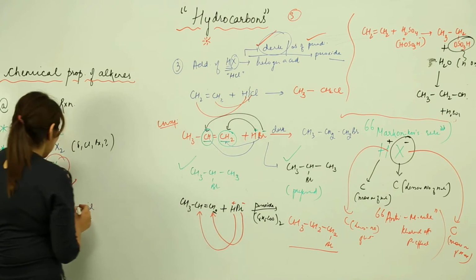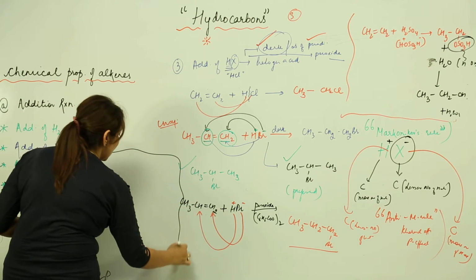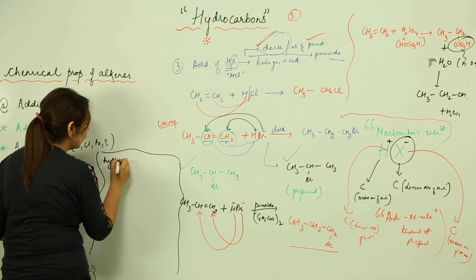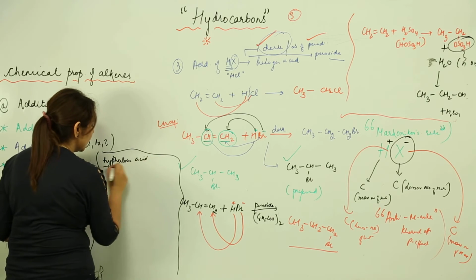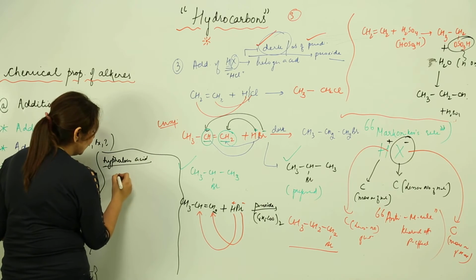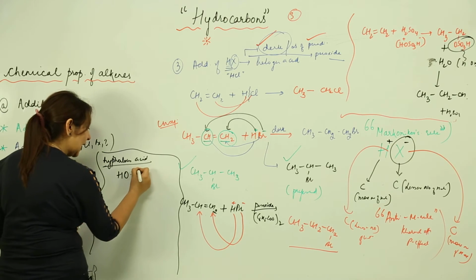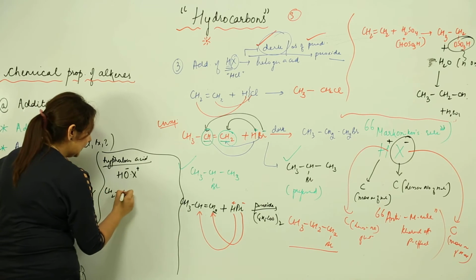Next we have addition of hypohalous acid. First of all you should know what hypohalous acid is. It is actually an acid in which there is this OH group and a halogen. In this, OH acts as a positive part and the halogen acts as a negative part. So to an alkene you are going to add it.